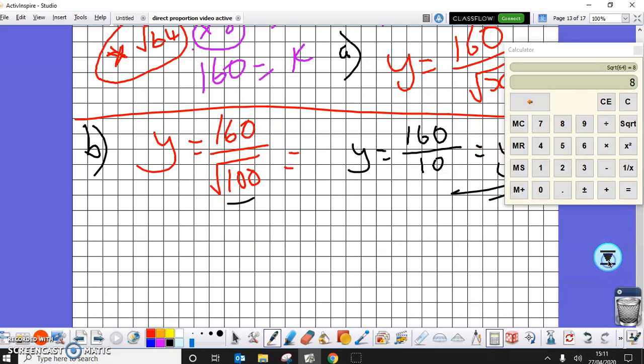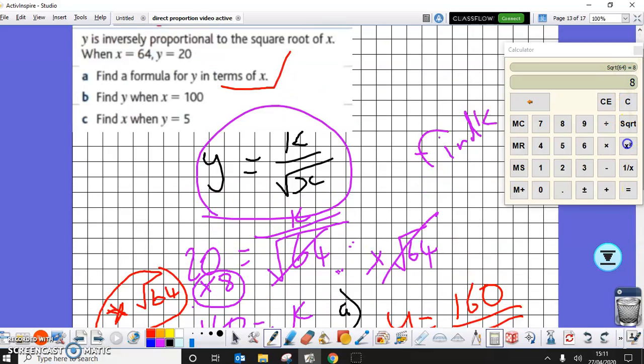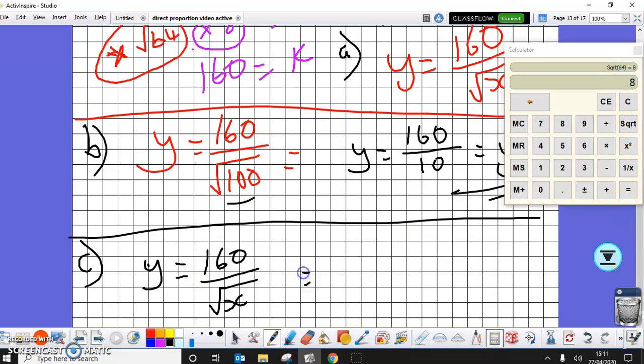And finally, for C, again starting with the same formula, y equals 160 divided by the square root of x. Find x when y equals 5. So, 5 equals 160 divided by the square root of x. Again, at this point, we can't square it to cancel the square root.